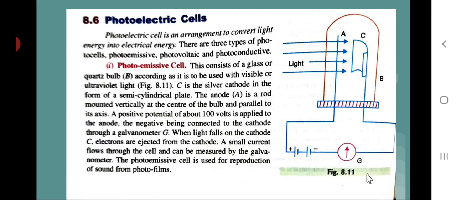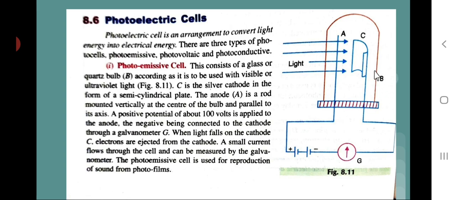Now first of all, the photoemissive cell. This consists of a glass or a quartz bulb B, according as it is to be used with visible or ultraviolet light.